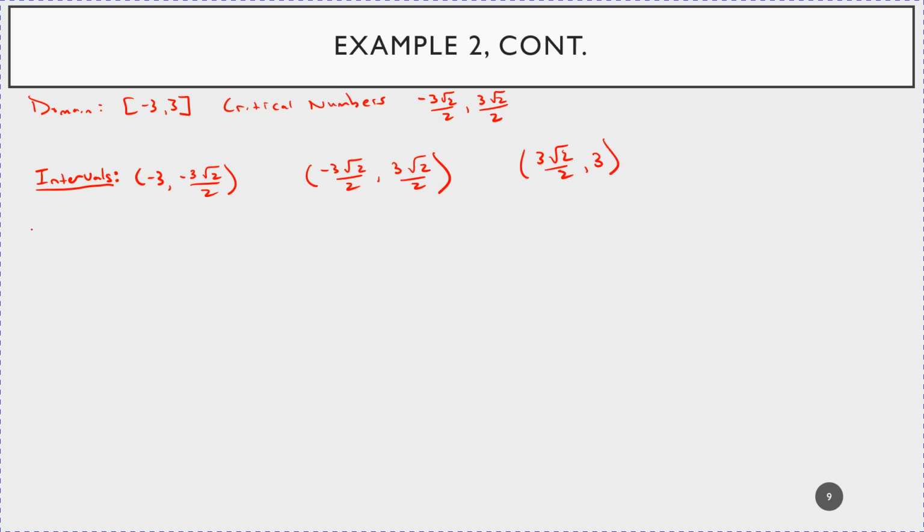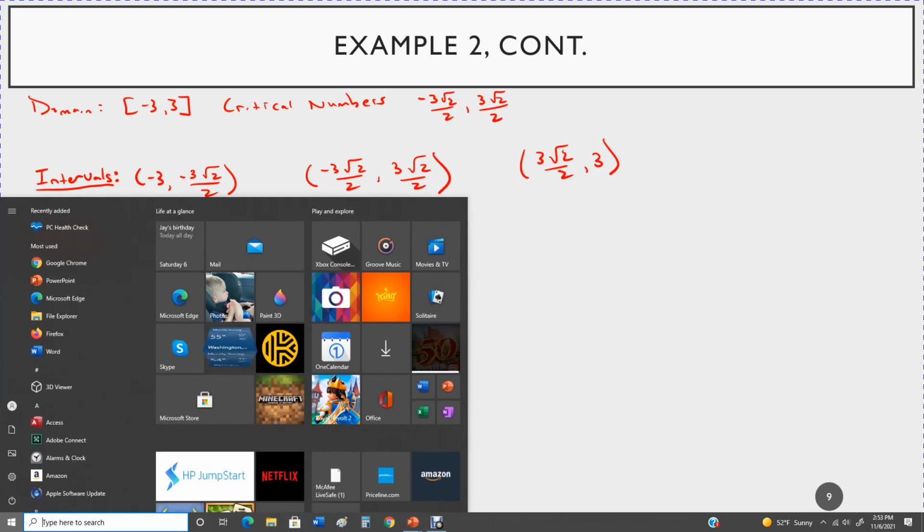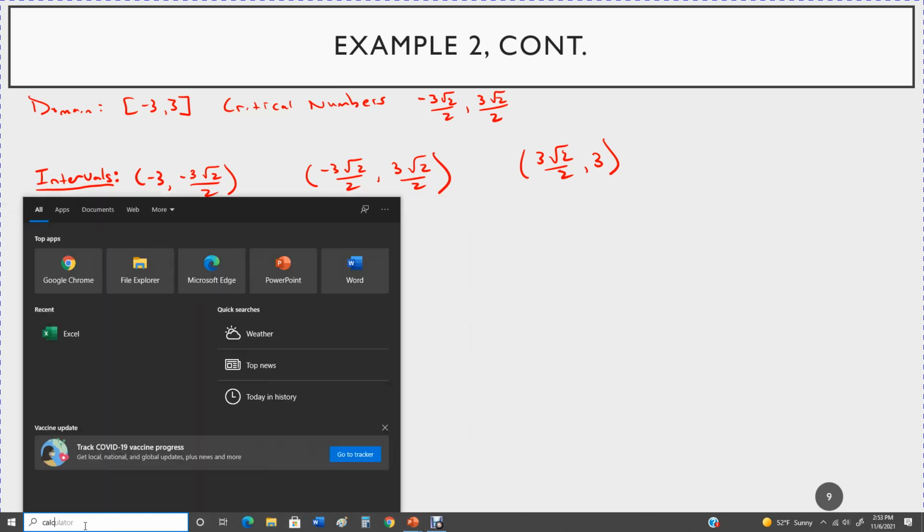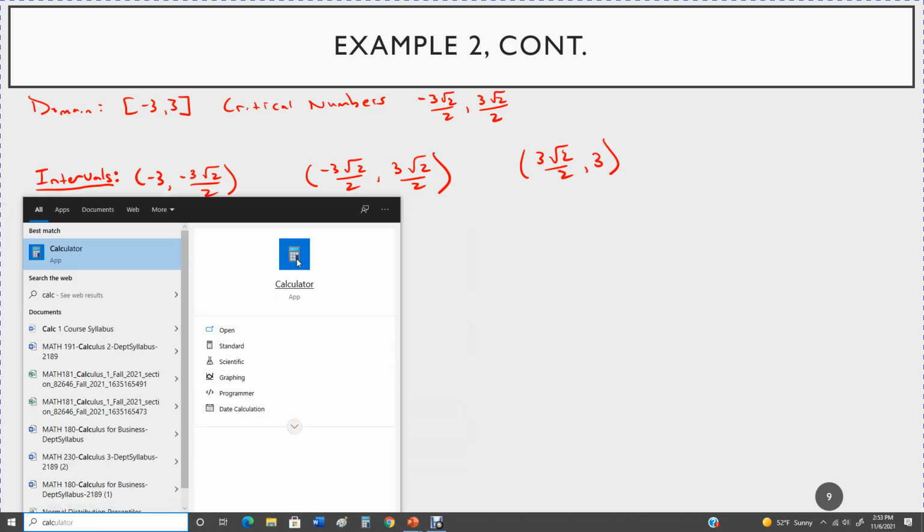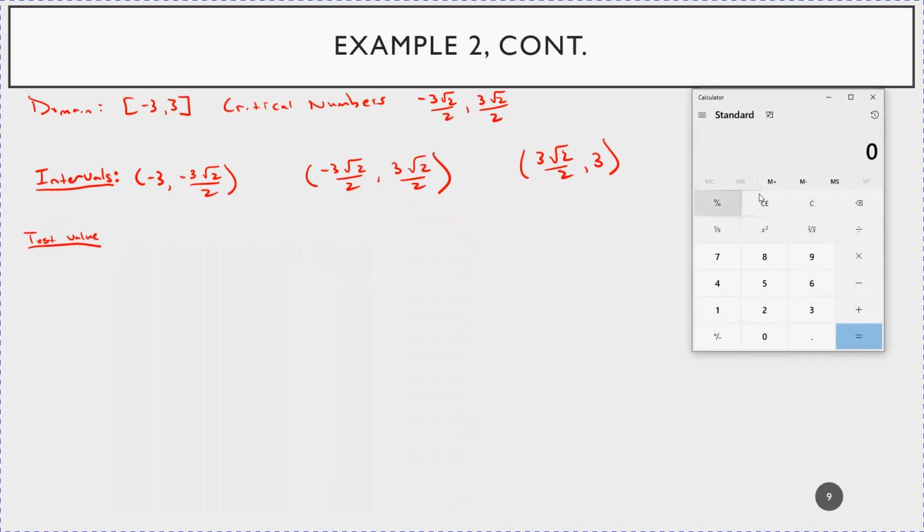All right, then the next thing you need is a test value. So what exactly is negative 3 square root of 2 over 2? You can grab a calculator for this. Let's figure that out: square root of 2, times 3, divided by 2.